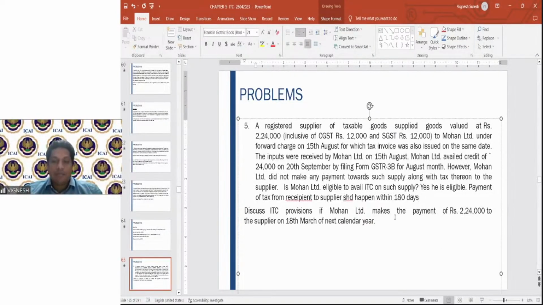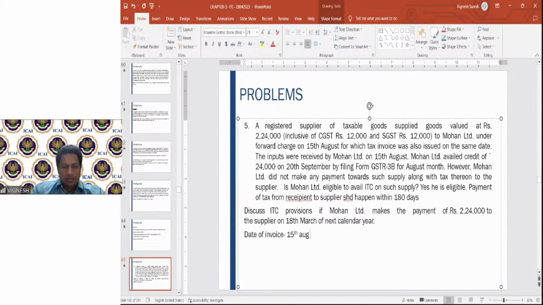If he makes the payment of 2,24,000 on 18th March, what is this? You have to see the date of invoice. The date of invoice is 15th August. So what are the number of days you have to cover?